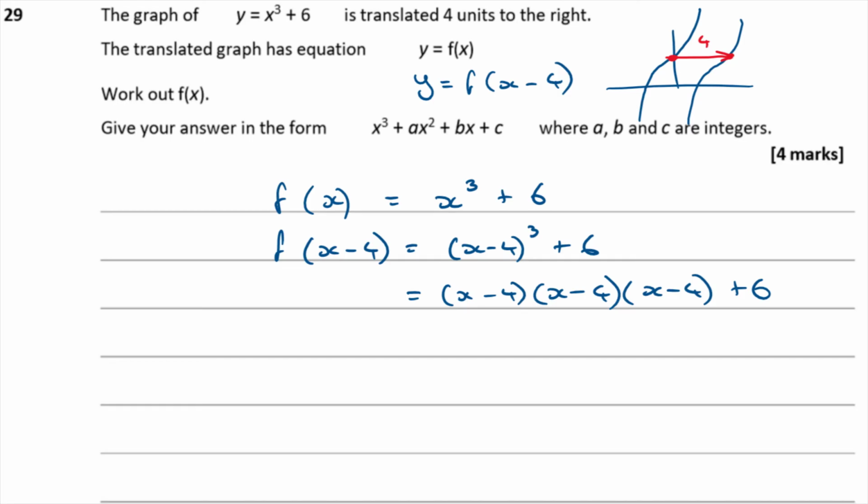Well, I'm probably not, because I'm just going to use an identity for the first one. I know that a plus b squared is a squared plus 2ab plus b squared. So I'm going to use that to quickly expand the first 2 pairs of brackets. So that's going to be x squared minus 8x plus 16.